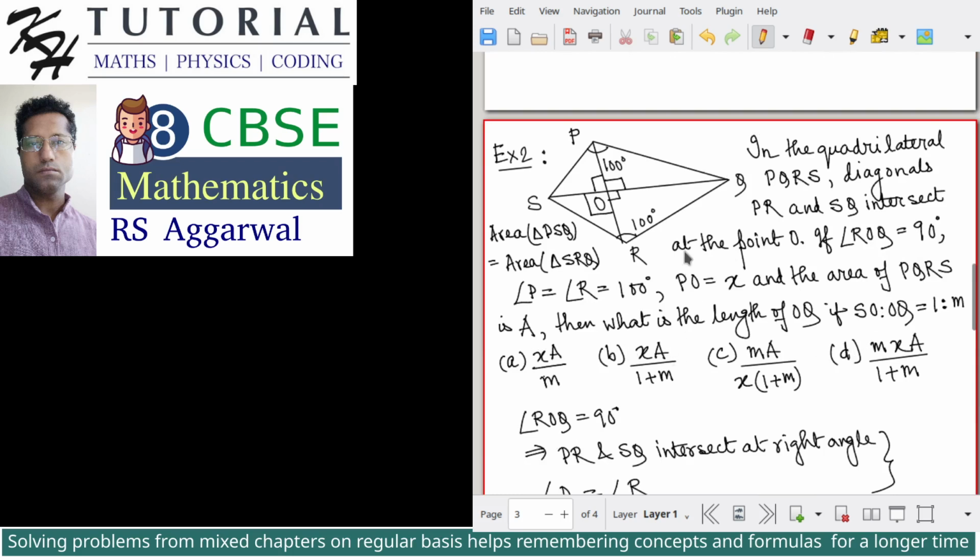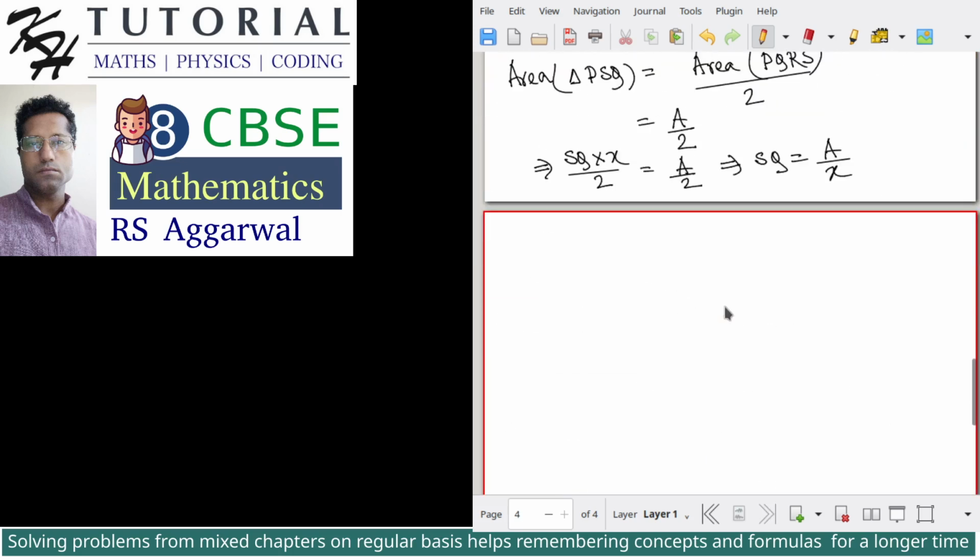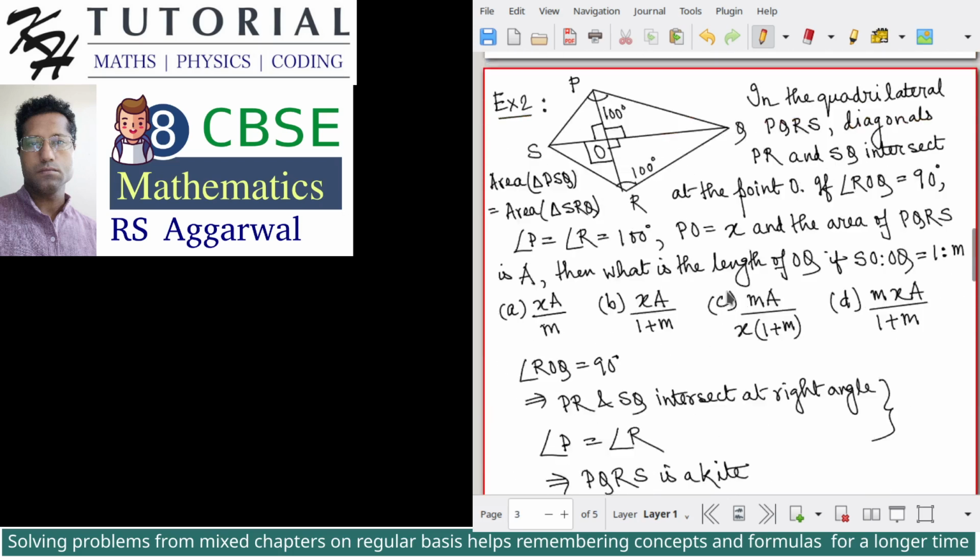Now we have to find the length of OQ. We know the length of the entire diagonal SQ, and it is given the ratio of SO and OQ, so we can easily find OQ. SQ is SO plus OQ, which is equal to A by X, and SO is to OQ is given as 1:m.